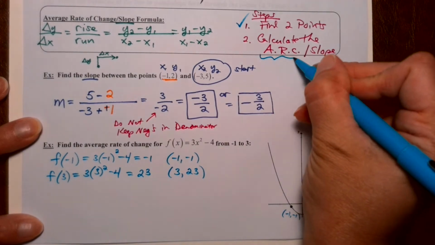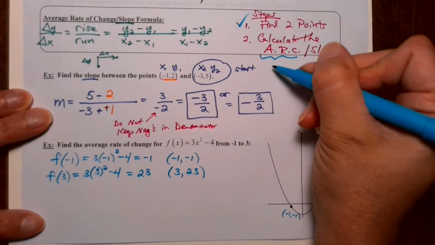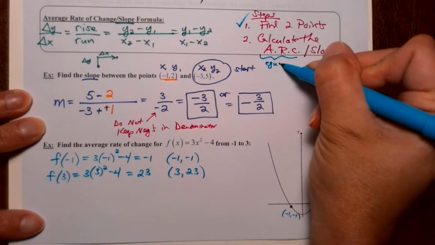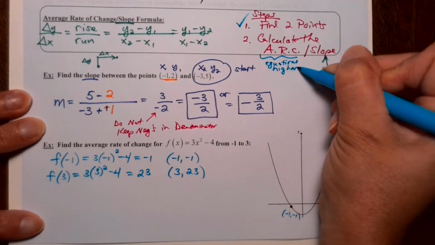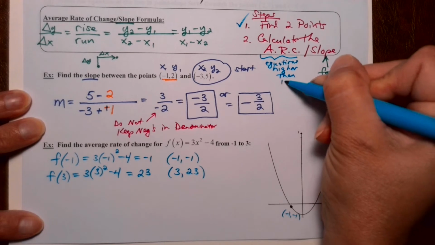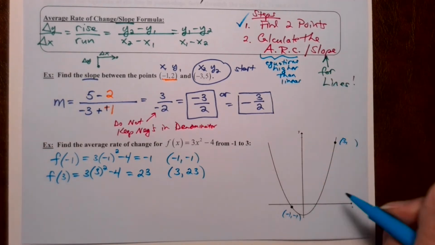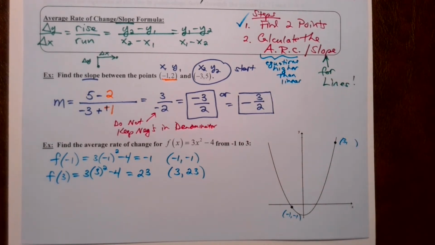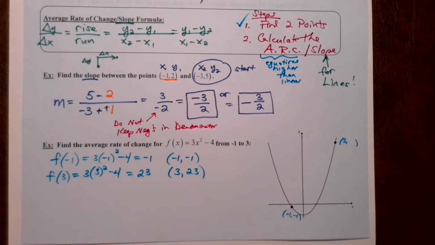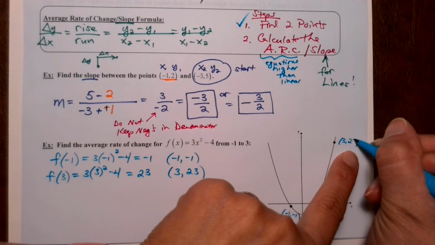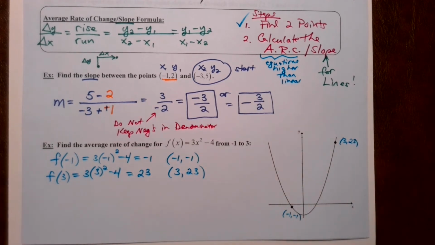Average rate of change is for equations higher than linear. If you had a parabola or a cubic or a quartic, anything higher, you could figure out the change between the 2 points. It's just that we don't call it slope. But we do have our 2 points, and now let's do the slope.